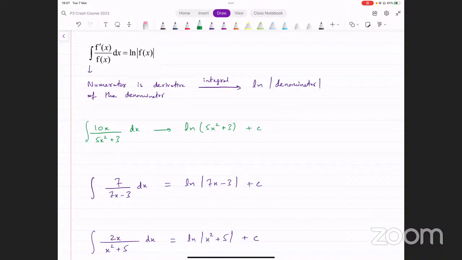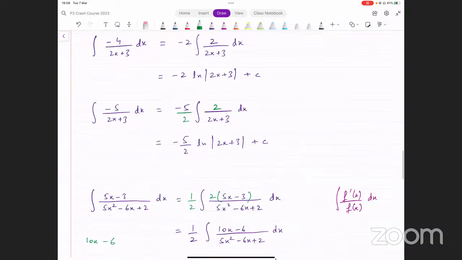Whenever you have a fraction, this is one of the first things you think about: do you have the derivative of the denominator in the numerator, or can you make the numerator the derivative of the denominator somehow by multiplying or dividing by a constant? We did some examples in this as well.